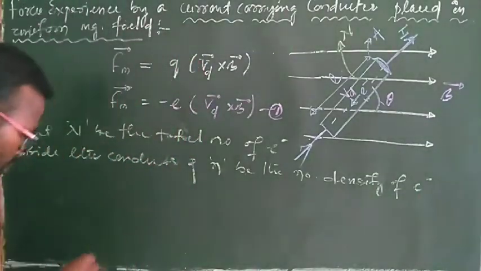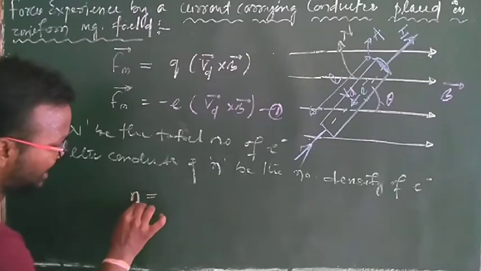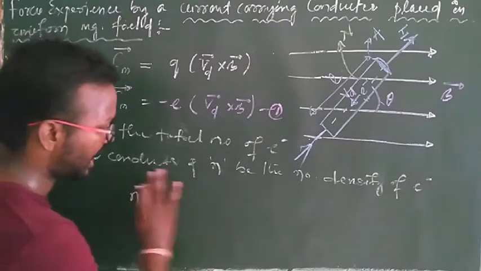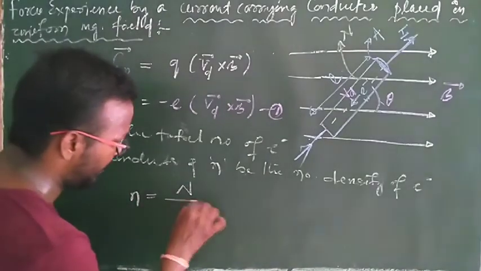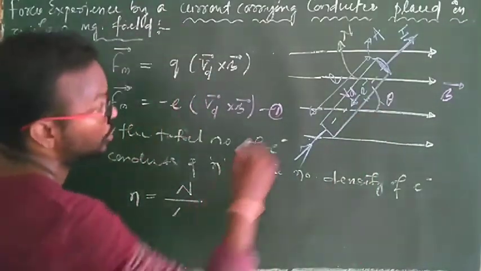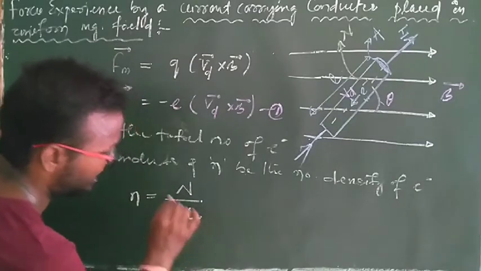So we can write n, or it is known as electron density. Electron density can be written as total number of electrons, that is N, divided by the total volume of the conductor, that is A into L. What is A?